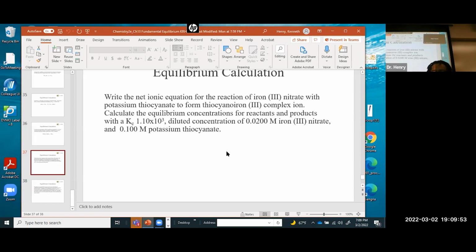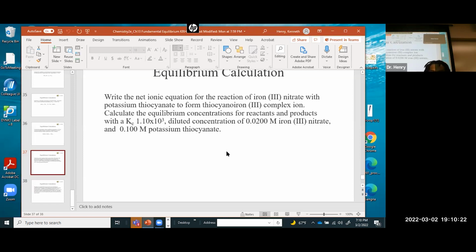Diluted concentration of 0.0200 molar iron(III) nitrate and 0.100 molar potassium thiocyanate.